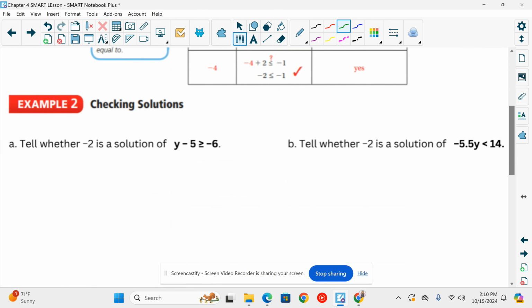So for example 2, they want us to check to see if these solutions are true or not. Can it work? We do that through substitution, or replacing the variable with the value. So if I have y minus 5 is greater than or equal to negative 6, before I start substituting, I taught you to do something with that variable.